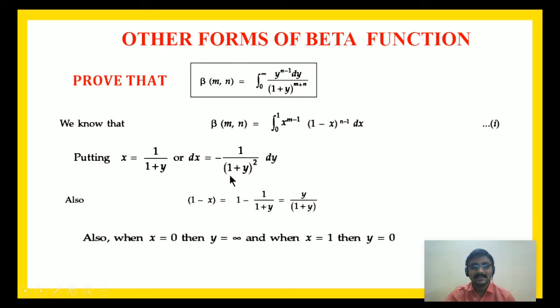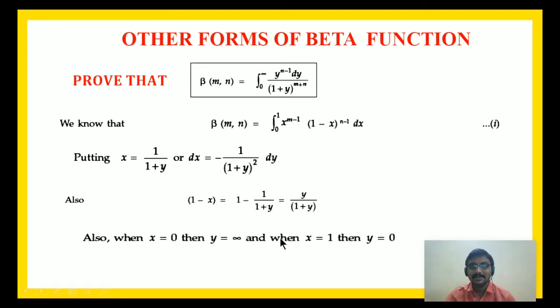Also when x equal to 0, we will have y equal to infinity, because 1 plus y is 1 by x, so y value becomes 1 by 0, but 1 by 0 means infinity. When x is equal to 1, we will have y value 0, because y by 1 plus y is 1 minus 1, that is 0, which implies that y equal to 0.